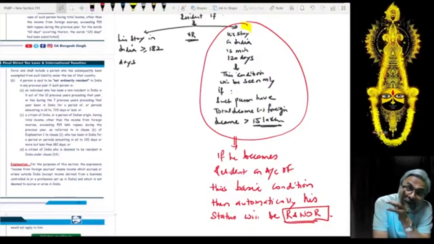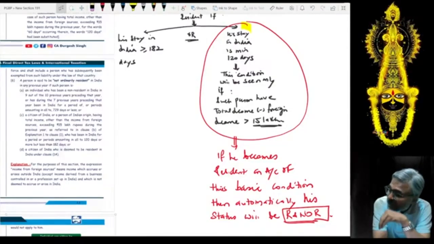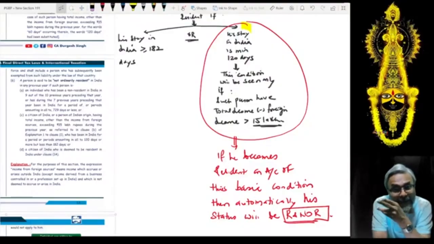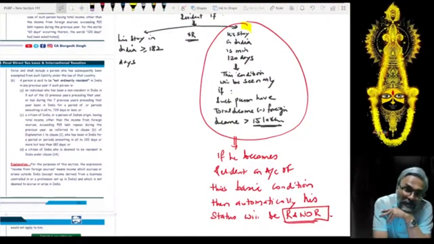And because of this second basic condition, please be careful, if a person becomes a resident, then automatically his status will be RNOR.